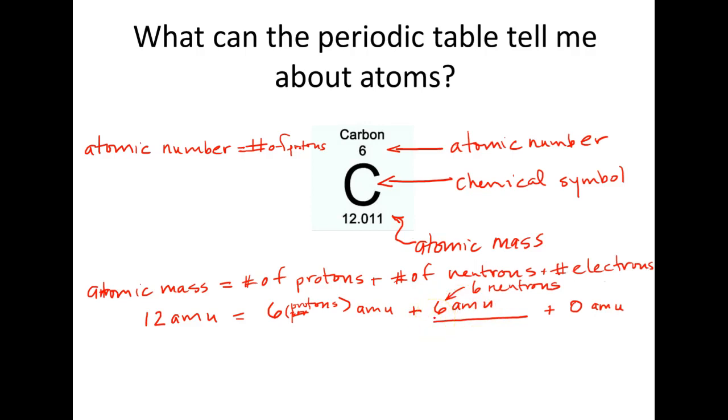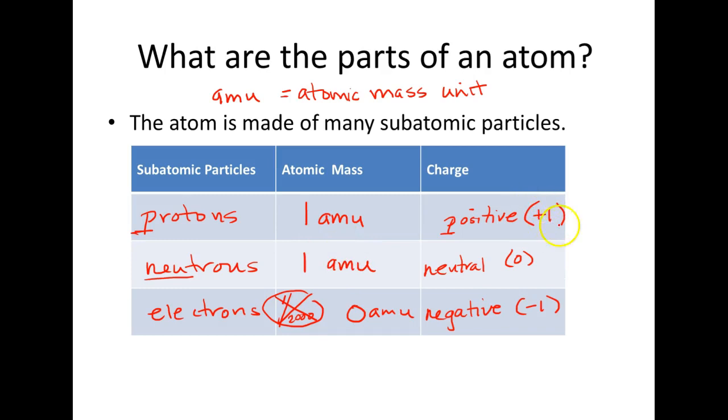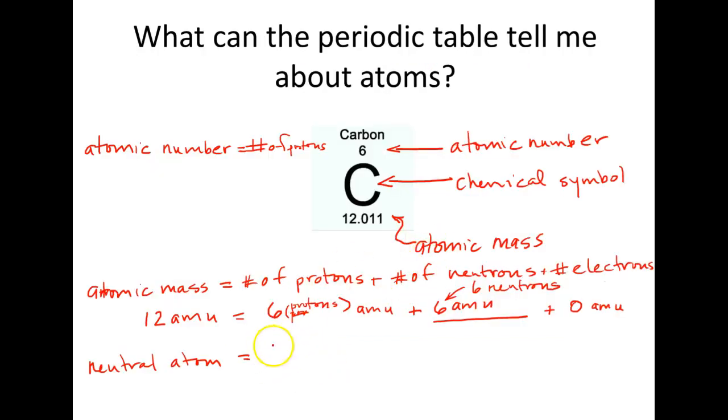There's another part that's very interesting with the periodic table. In a neutral atom, that means one that has no charge, the pluses are canceled out by the minuses. So going back here, remember positive charge is the protons and negative charge is the electrons. Well, if I know that I have 6 protons, that means I have 6 positive charges.